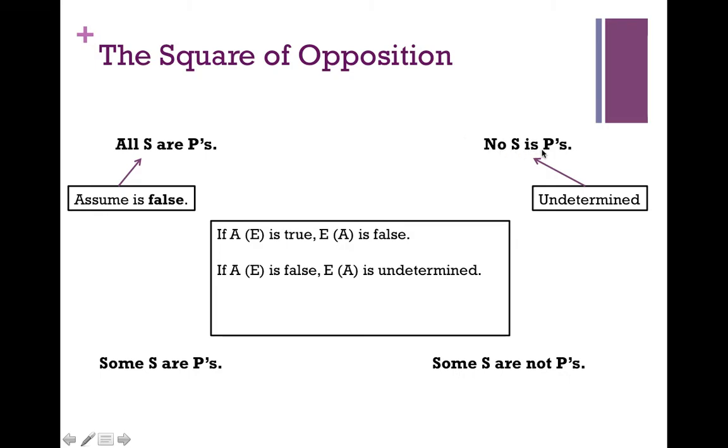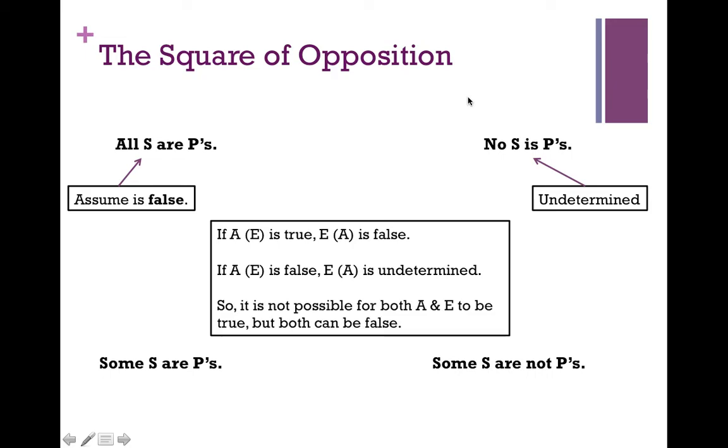If no S is P were false, we couldn't determine with absolute certainty that all S are P, because it might be the case that if the E form proposition is false, maybe it's false because all students are smart, but maybe it's also false for the simple reason that some are and some aren't. So we can't know with absolute certainty the truth value of an A form proposition just given the falsity of an E form proposition.